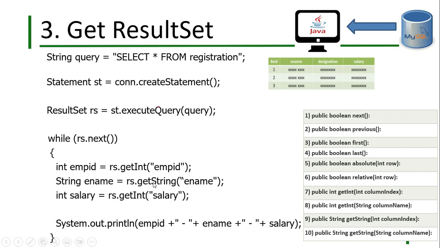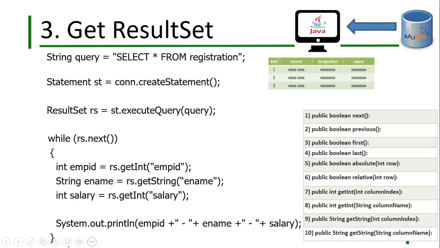Similarly, the second field value, that is a string, can be retrieved with the getString function. Over here we have to specify the name of a column, that is ename, and it will be stored in a temporary variable ename. Third is salary. It is also an integer, so it will be retrieved and stored in an integer variable salary, and then we will be displaying it over here.